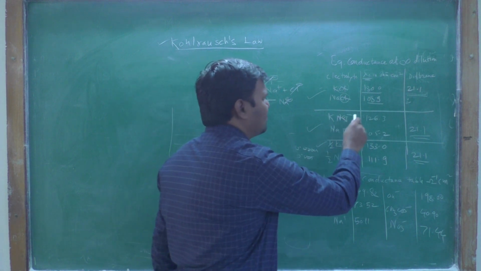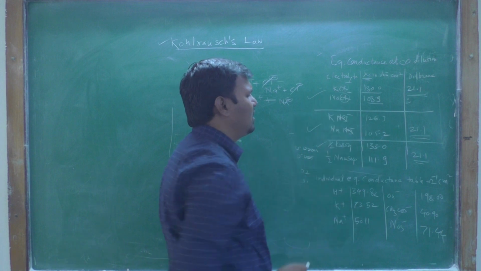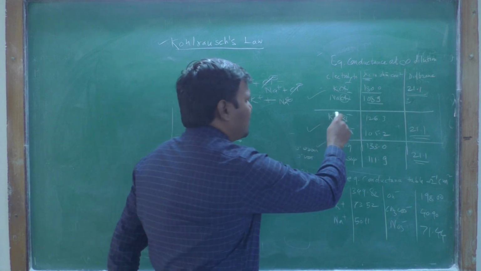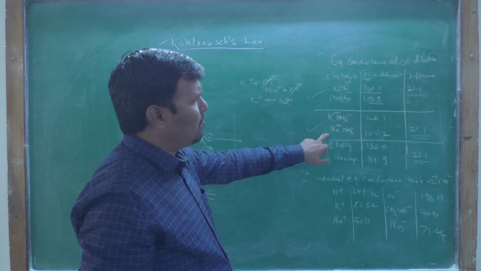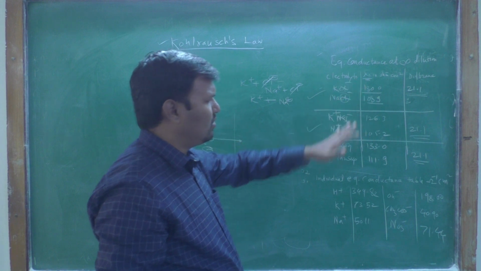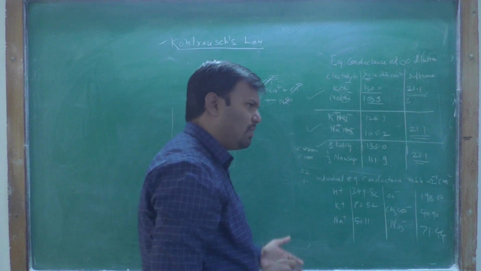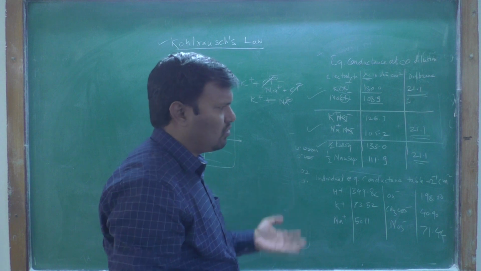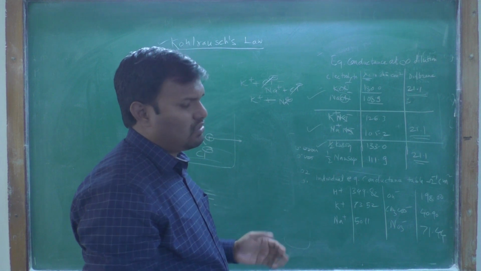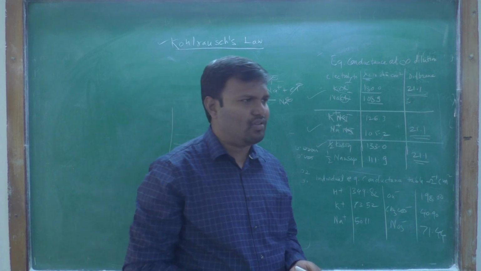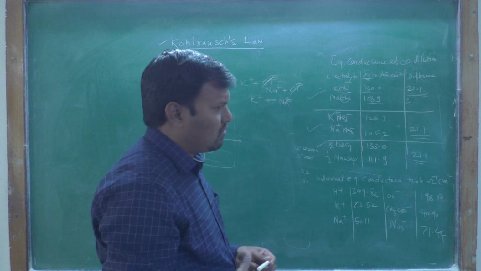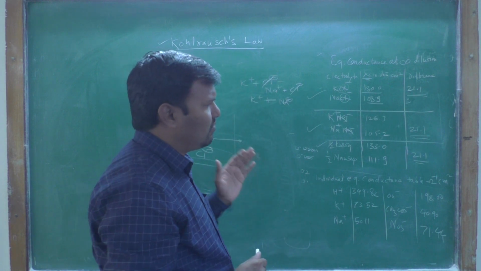The difference between K plus and Na plus lambda 0 is the limiting lambda at very high dilution. What do you call lambda 0? Lambda 0 is the equivalent conductance at infinite dilution.